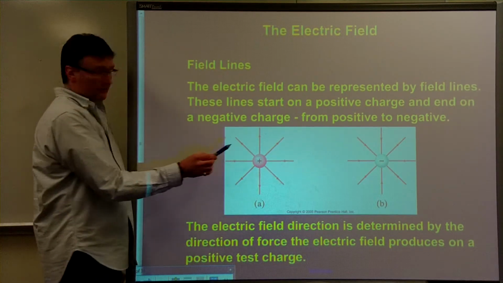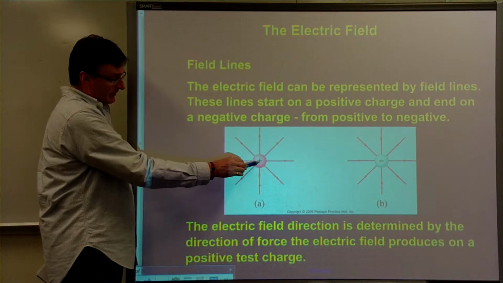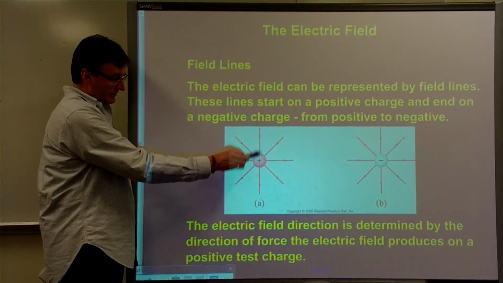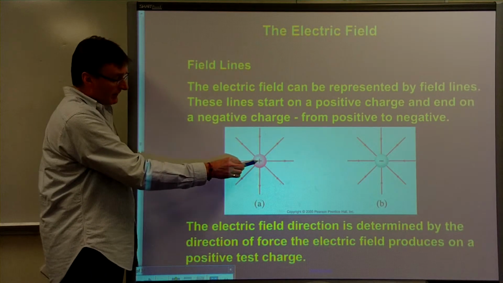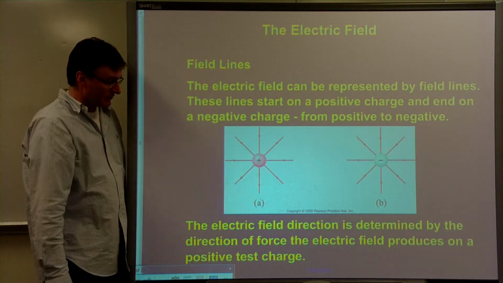So obviously then, if you put a positive test charge near this positive charge, the direction is going to be away from that positive charge.